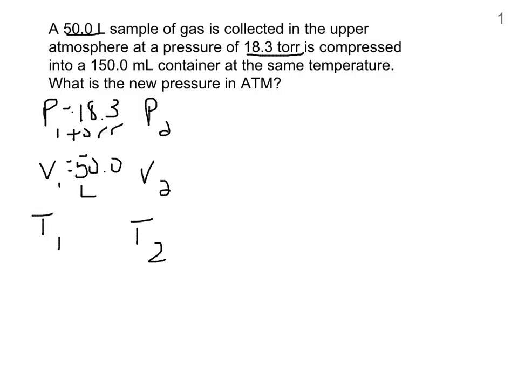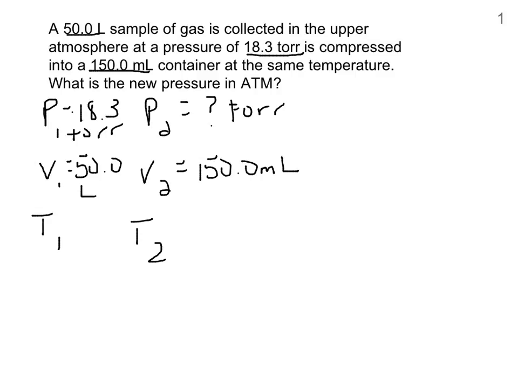Then we look at the next thing. We have another volume, so this is for V2, 150.0 milliliters. And we're looking for pressure, and it says in ATM, but first we'll just solve it in torr and then convert to atmospheres.